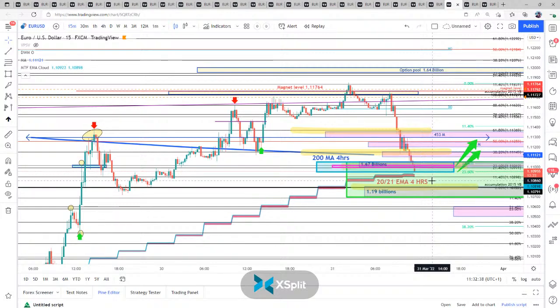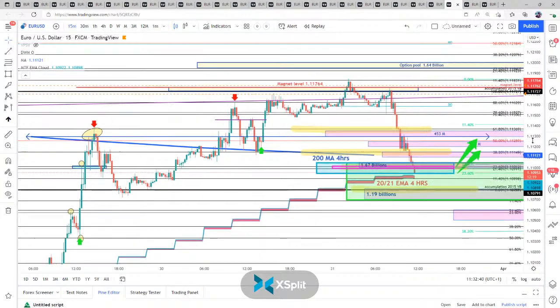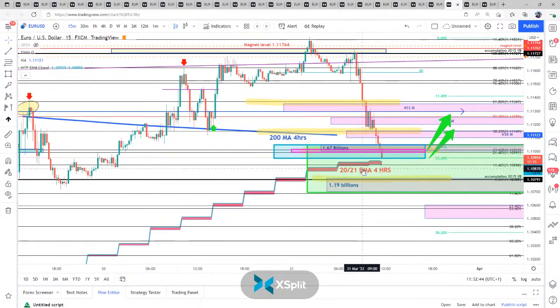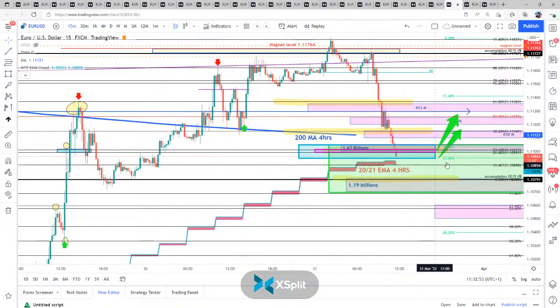So now we are arriving at the 2021 4-hour exponential moving average, which is this one, the 2021 4-hour EMA. Okay, good. And we are right now on the 2360 fib. This one is a very good fib.